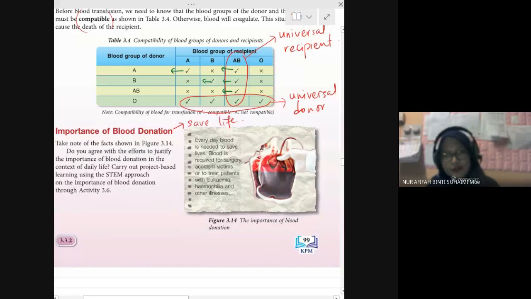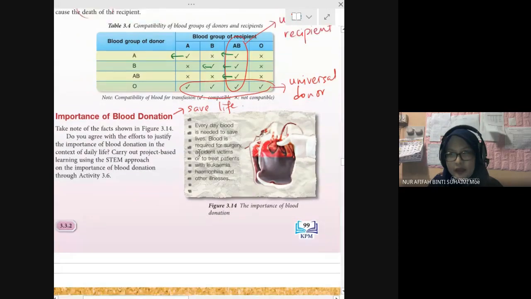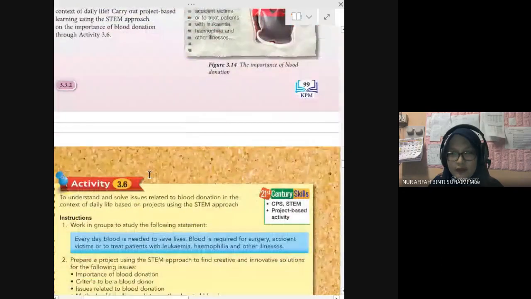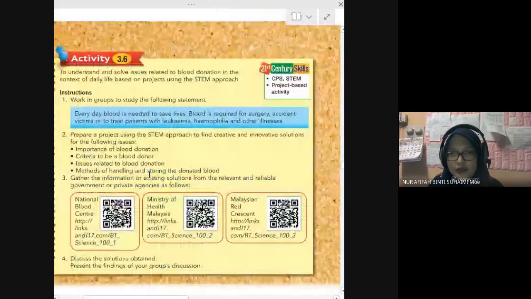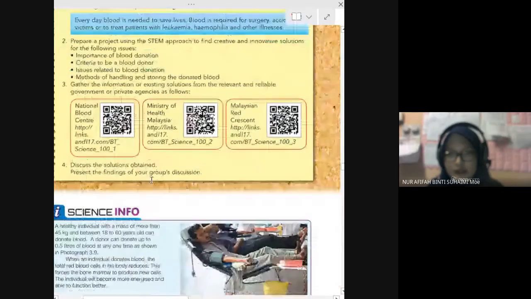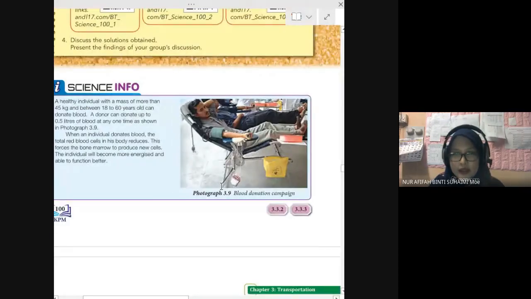The importance of blood donation, save life. What else? For survival of the victims. To prevent coagulation. This one got PBL also, but this one no need. Alright. Science info. This one you should know also.